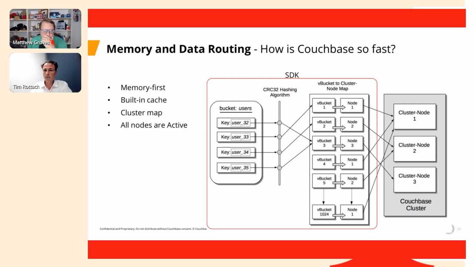So the application, as KV operations or queries are happening, goes directly to the right source to get that data. Additionally, all nodes within Couchbase are active, meaning that every single node can read and write, which is also helping from a performance standpoint.